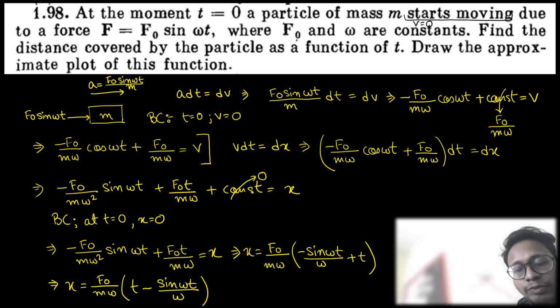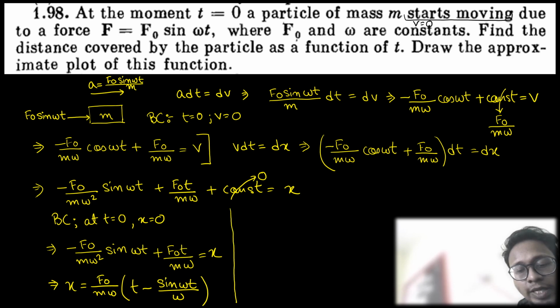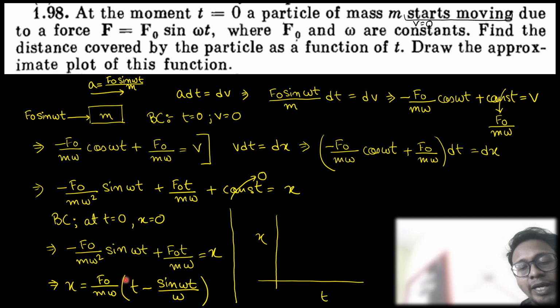So let me erase this one. Now the question is asking us to plot this graph of x versus t, and that is purely a concept of mathematics. Even if I don't know how this graph looks, I do know there is a parameter t here. Sine omega t is a repetitive function with a maximum value of 1 and a minimum value of -1.